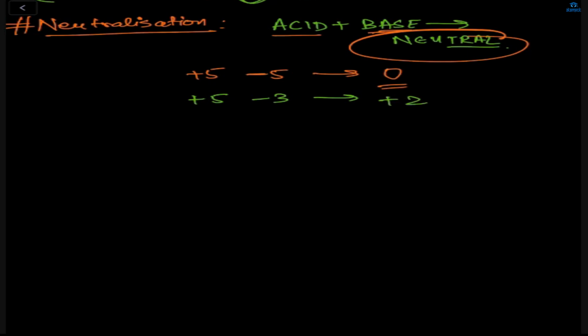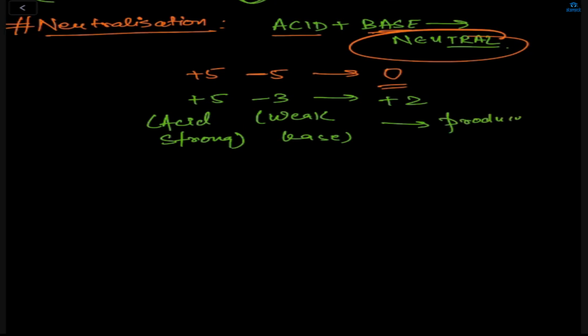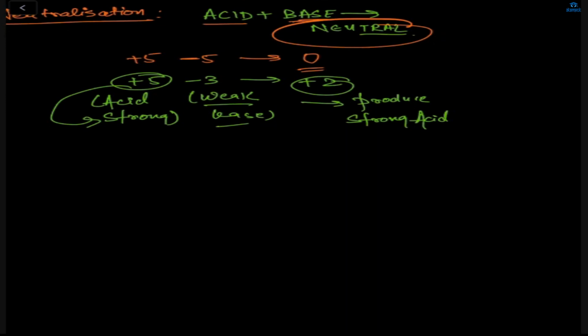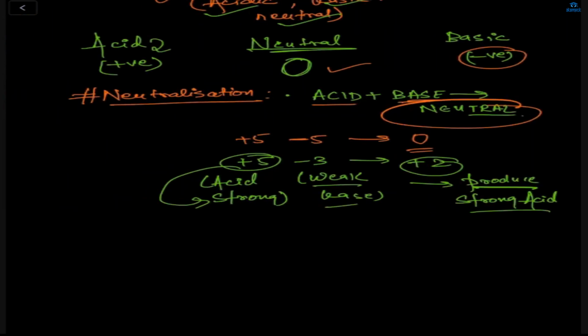It means here my acid is strong and my base is weak, so it will produce a strong acid. Because here the number 5 is more than the 3. Strong acid, weak base, and plus 2 means positive. That's why it will produce a strong acid. So this is a small introduction about what is neutralization.